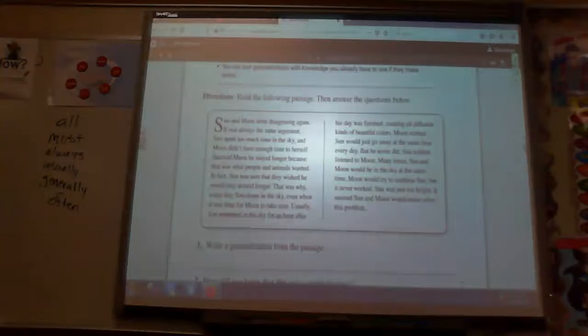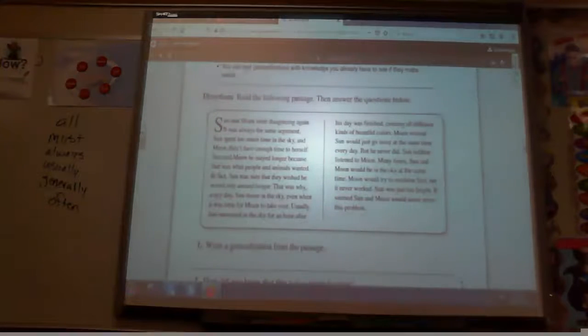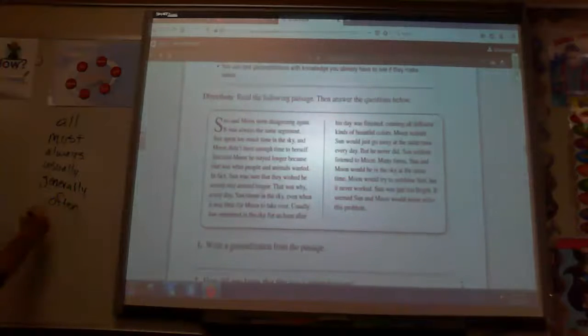If often is one, would never be one? There you go. That's thinking critically. We've discovered another word that can sometimes indicate a generalization. If often is one, then never is also probably a generalization.